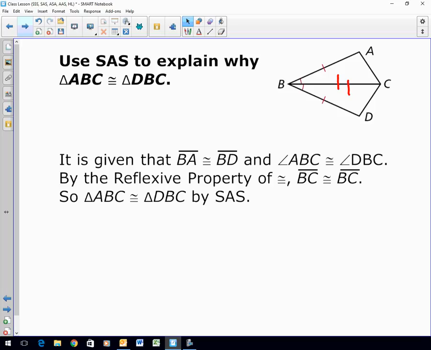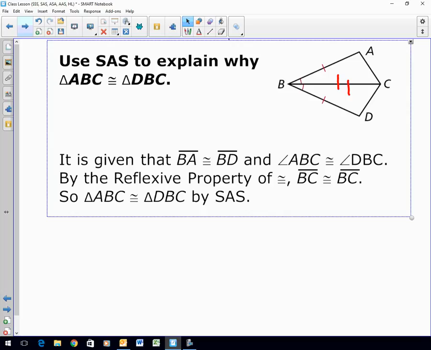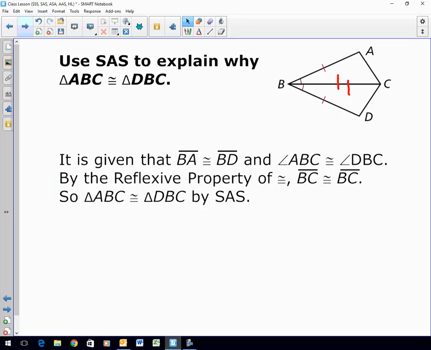Okay, all right. So now I've got A to B congruent to B to B. I've got angle ABC congruent to angle BBC, and I've got side BC congruent to itself.